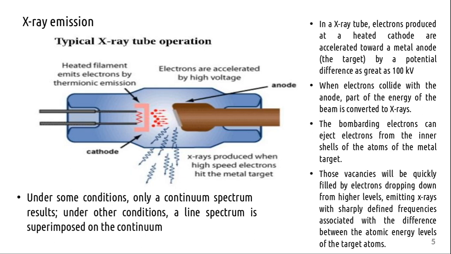This is the process that happens. Bombarding electrons from the cathode onto the anode will result in electrons being emitted from the inner shells, and these vacancies will be filled by electrons from the higher energy levels. Along with this de-excitation, energy is emitted in the form of X-rays.